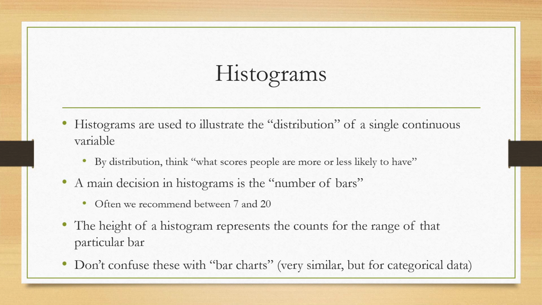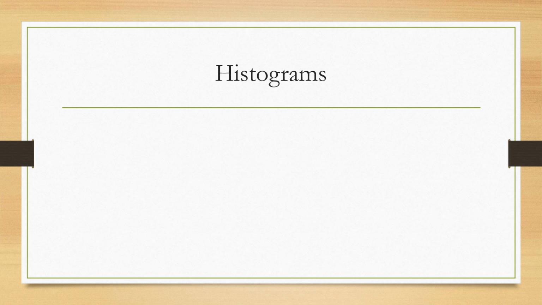So I would make a histogram for age. I might make a bar chart for sex, and a bar chart will have just 2 bars, one for male, one for female, or male, female, other. For age, I would have that continuous range of ages, and then I'd do particular chunks of ages that I'd want to study.